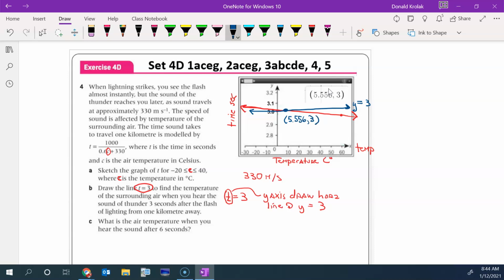All right, so what is the temperature going to be on that? Which one of these is temperature, the X or the Y? Yeah, so my answer to this problem is going to be 5.556 degrees Celsius.